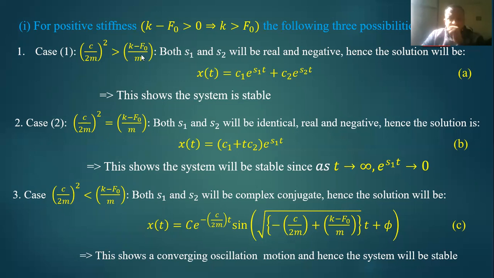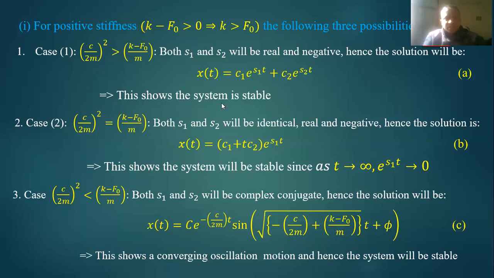In this case, both S1 and S2 will be real and negative. Hence, the solution will be x of t is equal to C1 e to the power of S1 t plus C2 e to the power of S2 t. So this is the case where both S1 and S2 are real and negative.